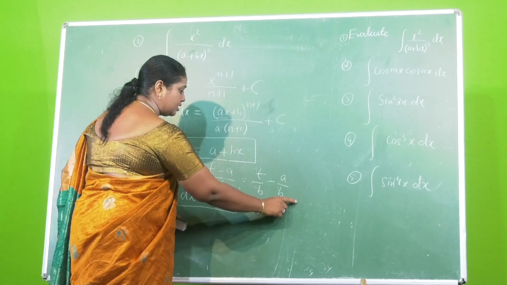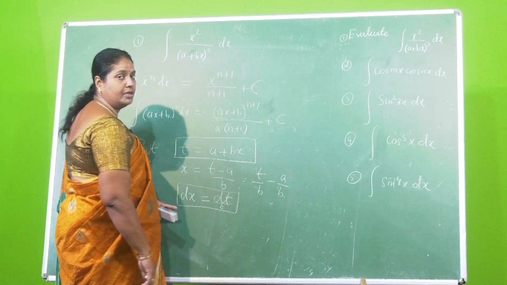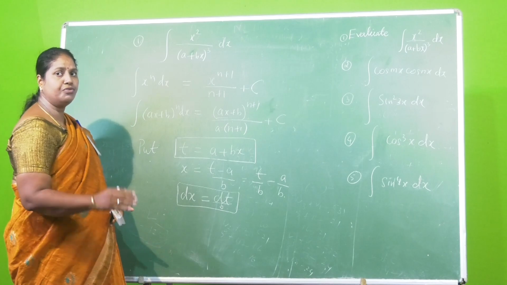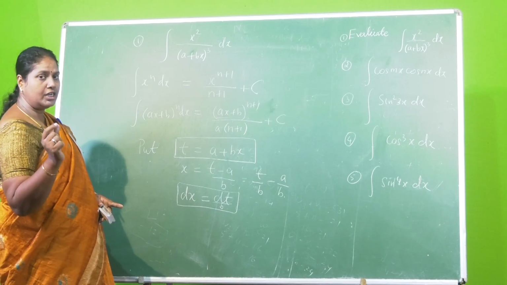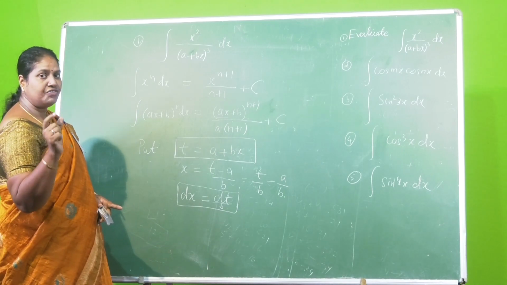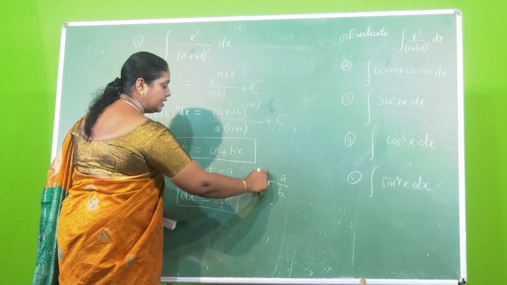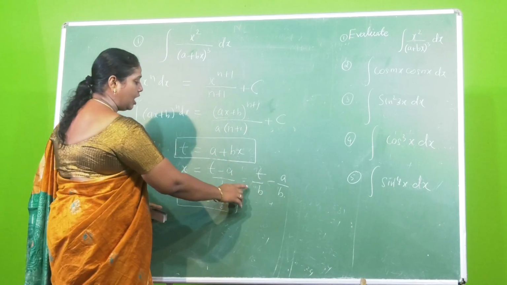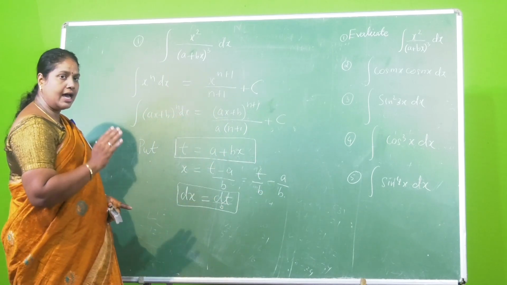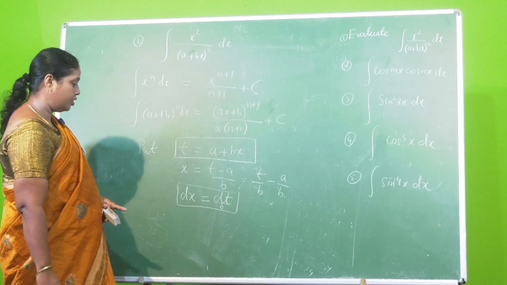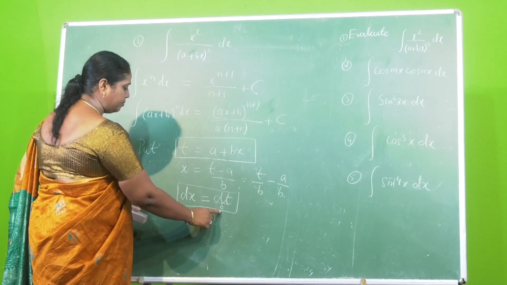Here a by b is a constant separately, not involving any variable, so that constant will only give you a derivative of 0. So while differentiating, if the constant is given separately, then the derivative will be 0. If it is along with the variable, then it remains the same. Okay, so dx will be dt by b.